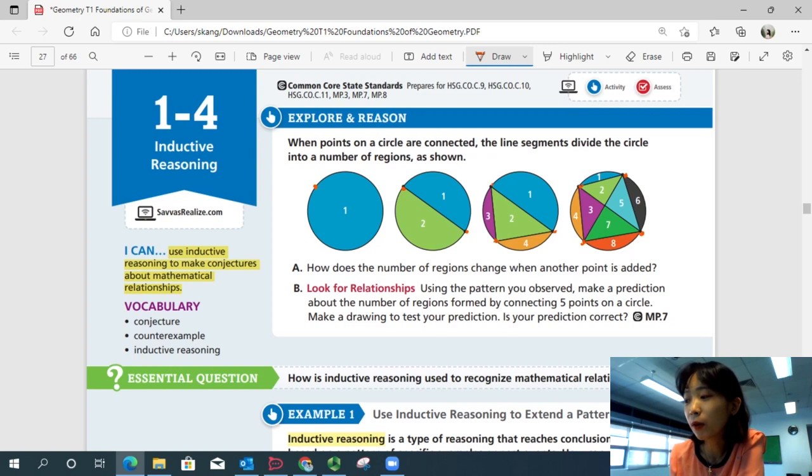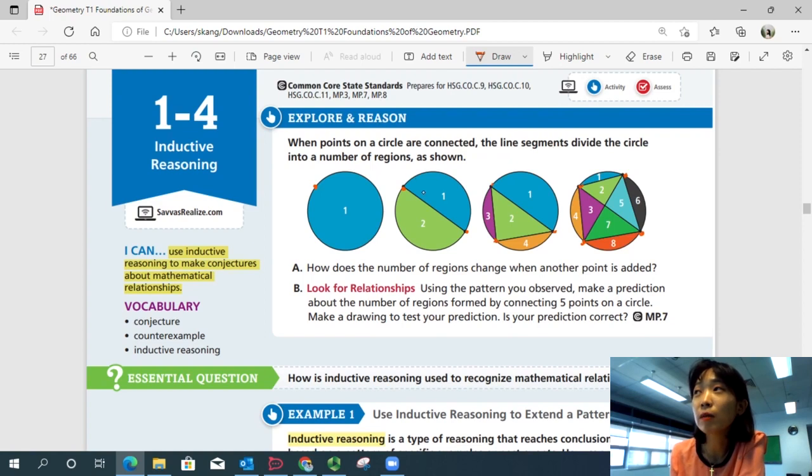Besides the number of points or the number of regions, we could also count the chords that are drawn or count the number of regions that are bounded by part of the circle. So we can say that for each new point on the circle, the number of regions doubles. There's 1 region, there's 2 regions, there are 4 regions, and then there are 8 regions.